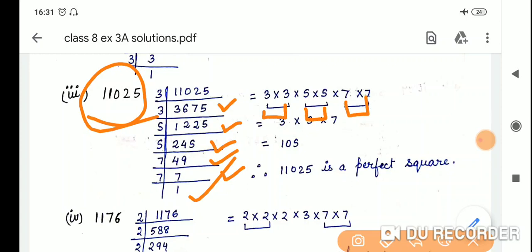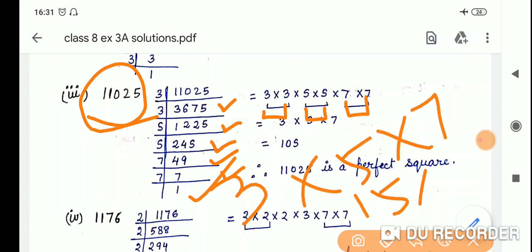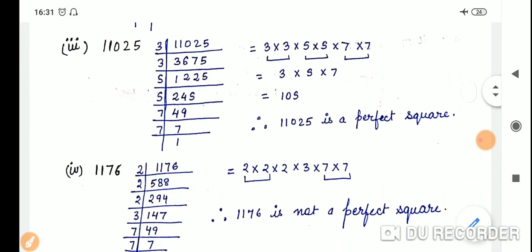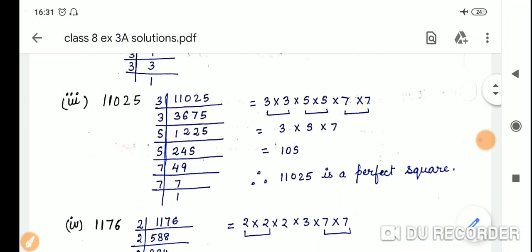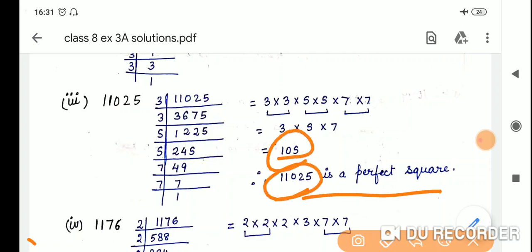So phir se we are getting the pairs. No number is left over. So 3 into 5 into 7. So 3 5s are 15. 15 7s are 105. Tables learn kar lo. Table learn nahi hai, haan? So here 11,025 is a perfect square, and it is the square of 105.